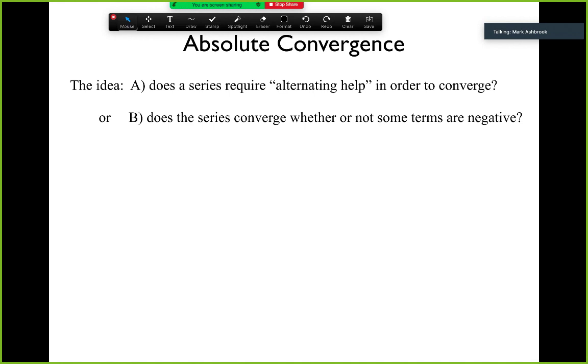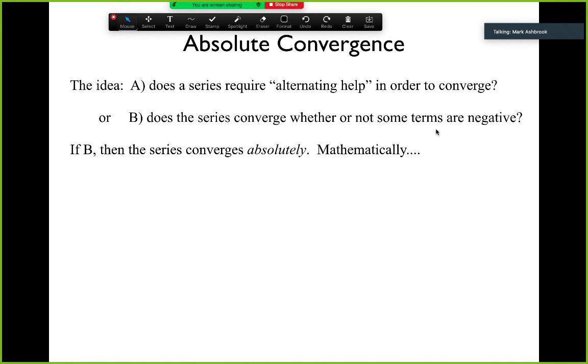Okay, so choice B here is the idea of absolute convergence. If a series converges whether or not it alternates, it does not need the help of some terms being negative, then we say the series converges absolutely.